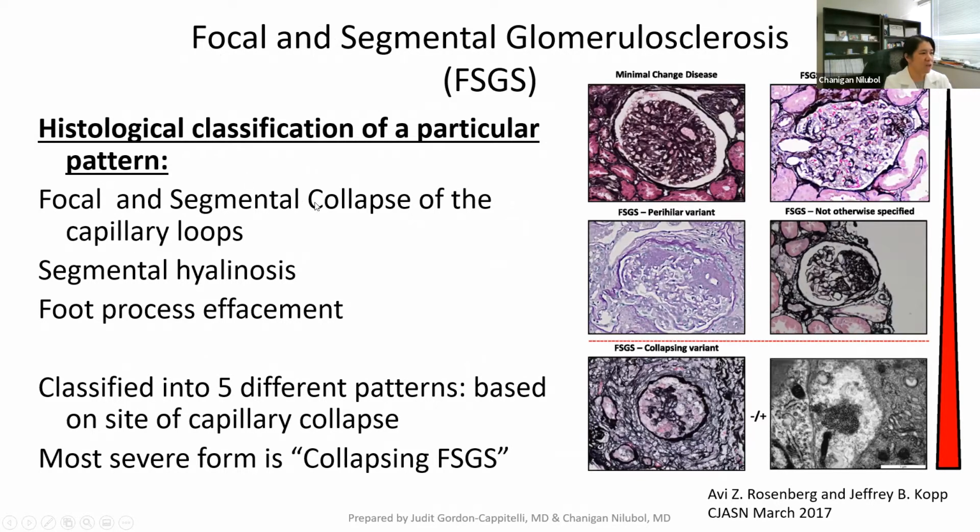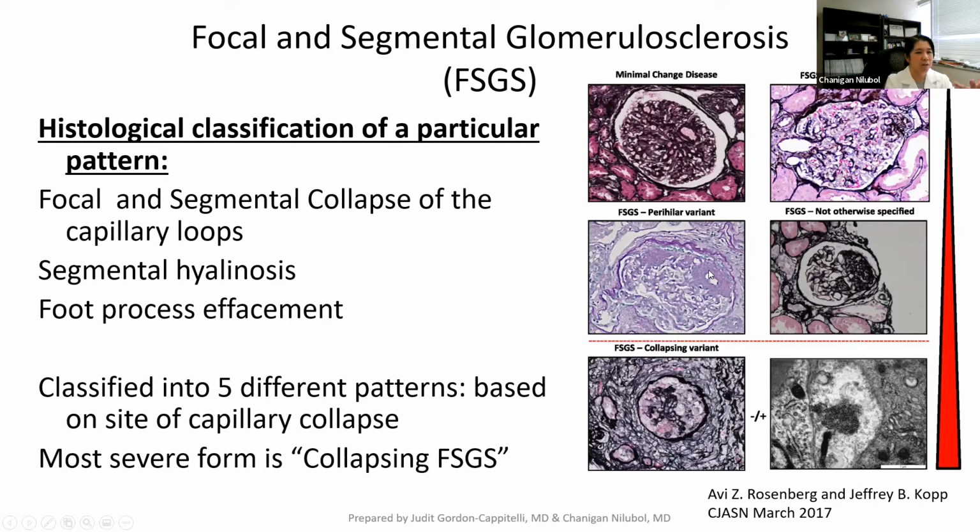Histological classifications: there are different patterns of FSGS, but essentially it's a collapse of the capillary loops, with segmental hyalinosis and foot process effacement. The most severe form of FSGS is what we call collapsing FSGS, as you can see here.